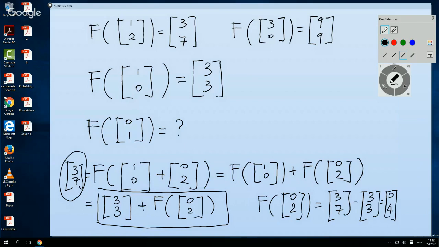But then what is f of 0, 1? I can remove the question mark, elementary, dear Watson, because if f of 0, 2 is 0, 4, then f of 0, 1 is 0, 2. I just need to divide by 2.